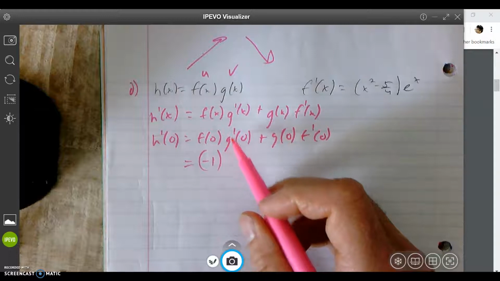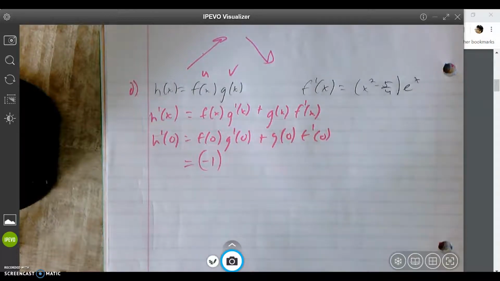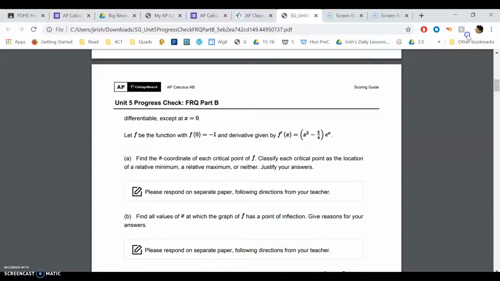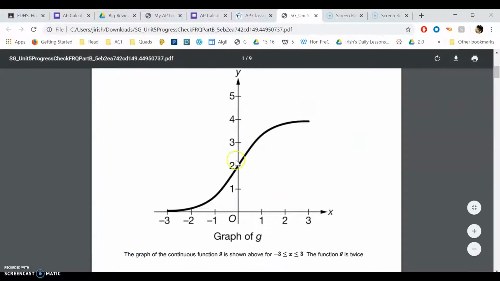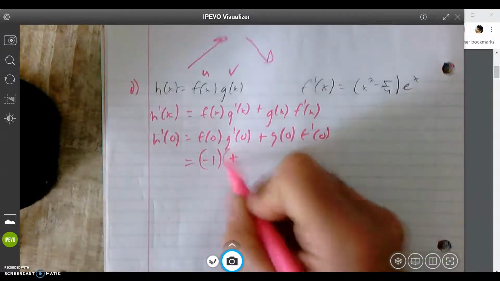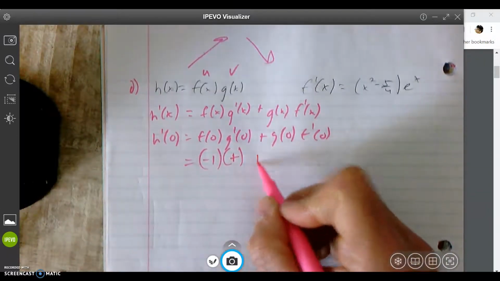That's the slope at 0, so we need to look at our graph at 0. That slope of G is positive. So it's negative times positive.